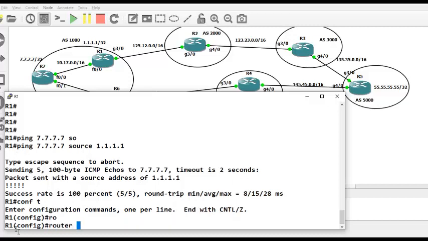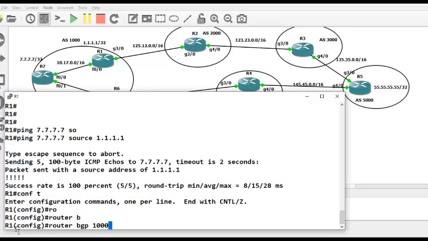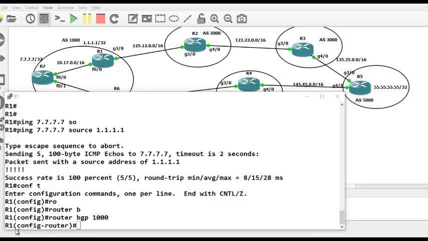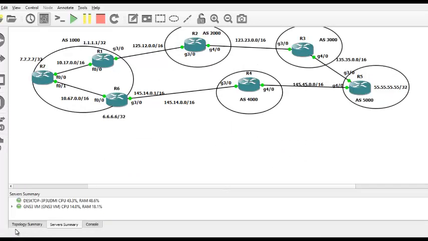I'm not going to make a full mesh. Ramesh, what does making full mesh mean? Making full mesh means router 1 forming neighbor with router 7 as well as router 6.